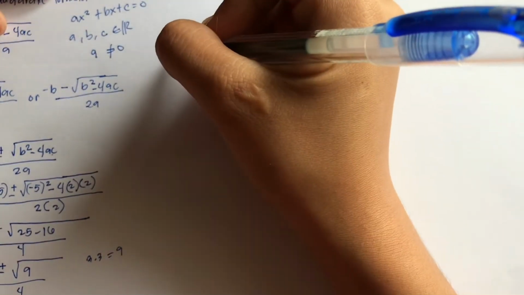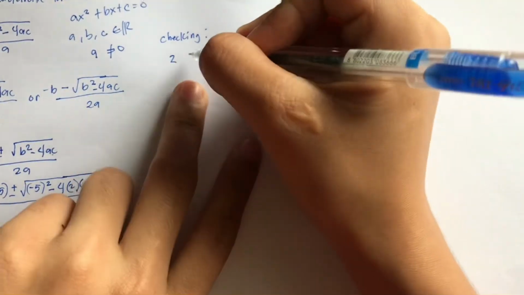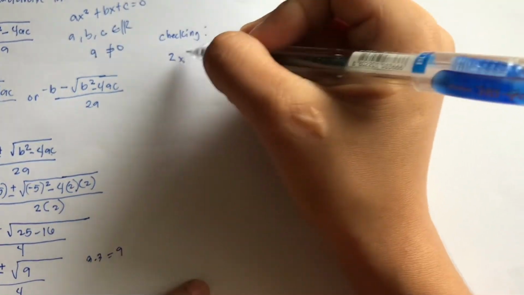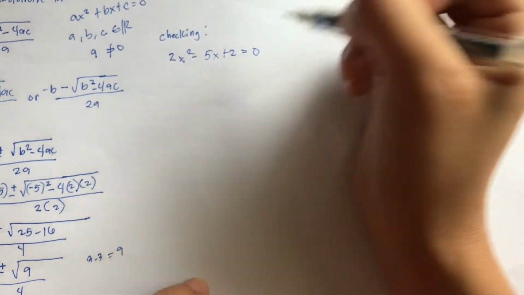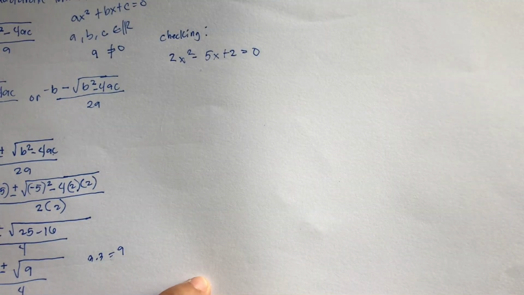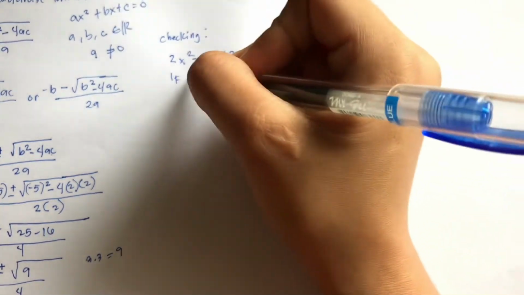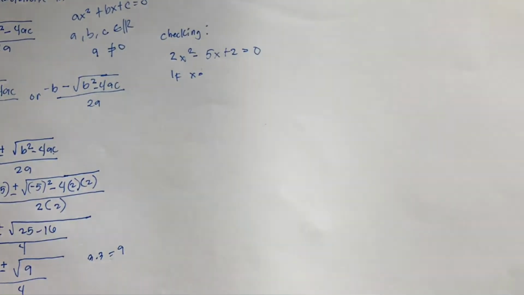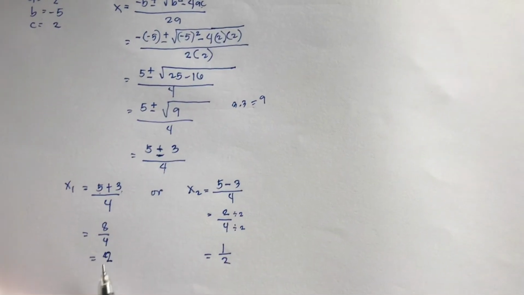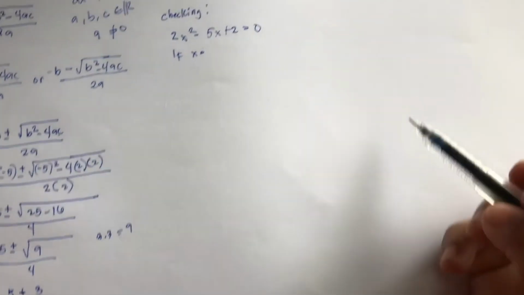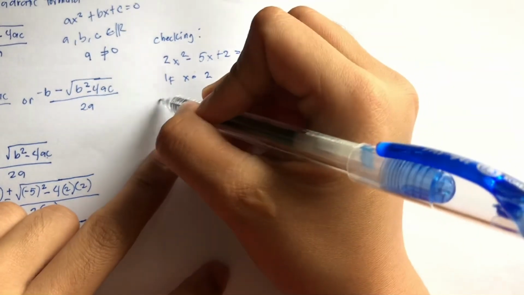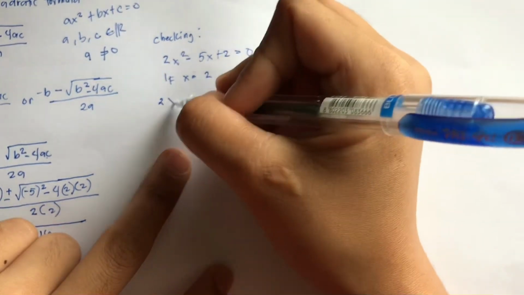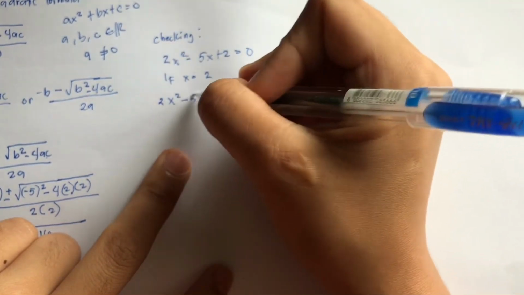So, our original equation is 2x squared minus 5x plus 2 equals 0. If x is equal to, what was our first value of x? That's 2. If x is equal to 2, we substitute.